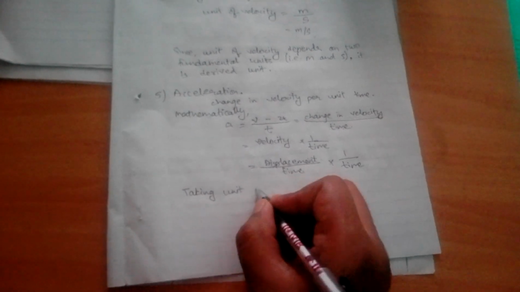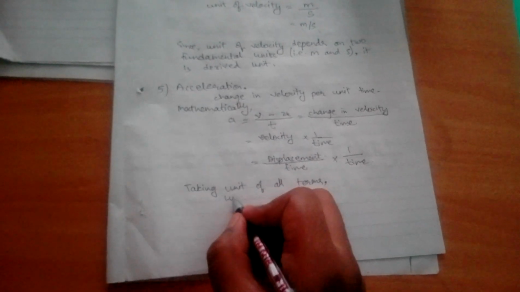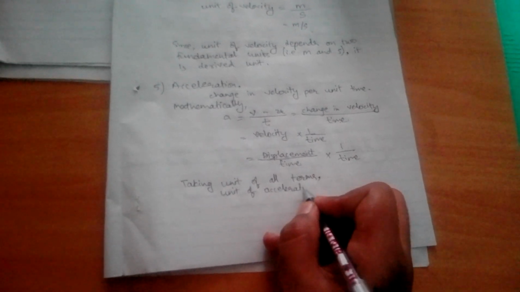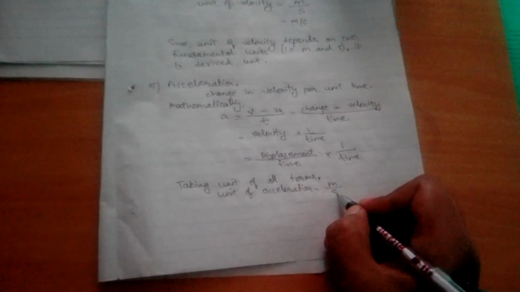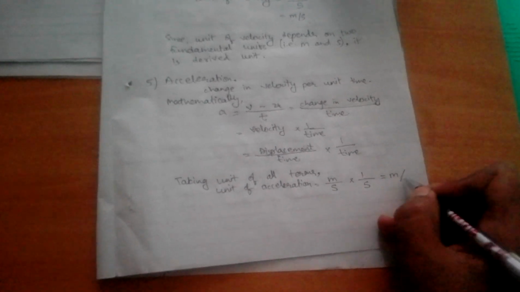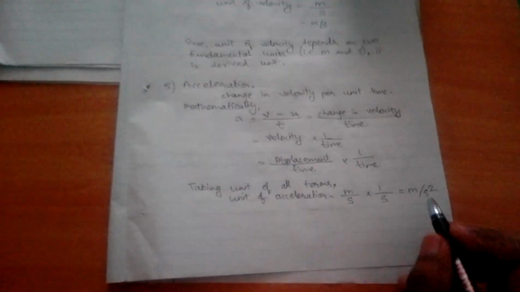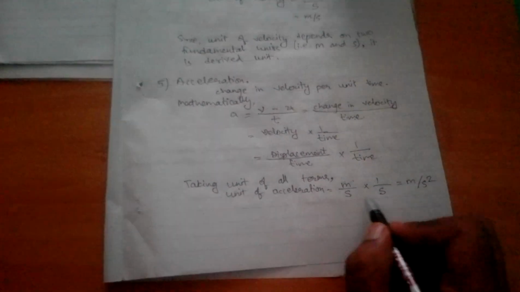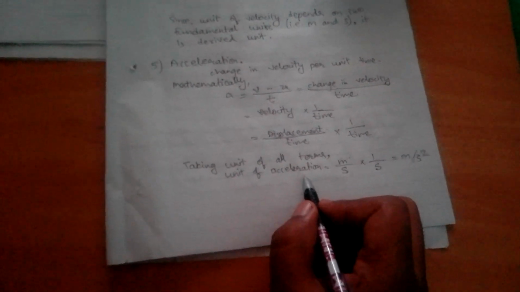Unit of acceleration, we presume that we do not know it, is equal to unit of displacement, which is meter, unit of time, which is second, and 1 divided by, once again, unit of time, second. So it gives us meter per second squared. So the unit of acceleration depends on 3 fundamental quantities: meter, second, and second. That's why the unit of acceleration is a derived unit.